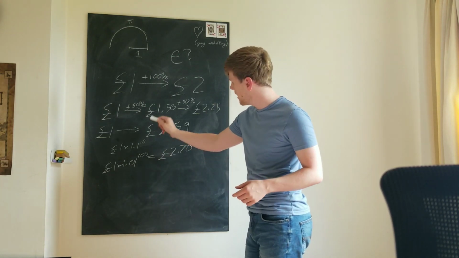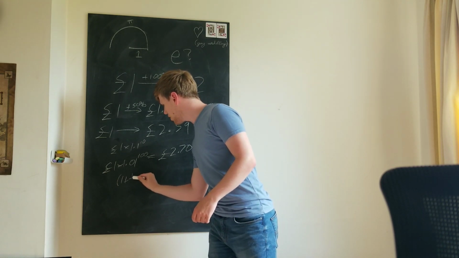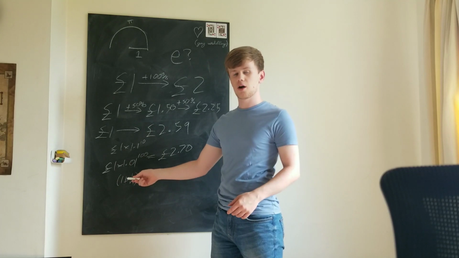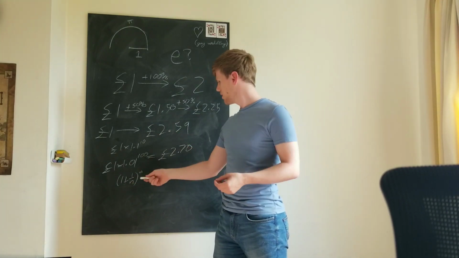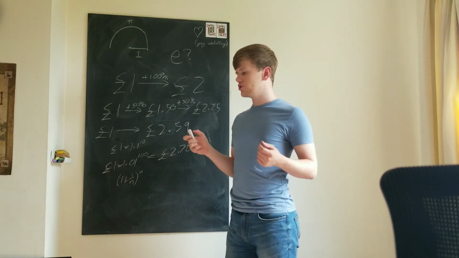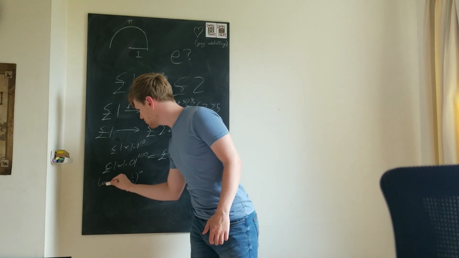So what we're looking at here, all these numbers are of the form 1 plus 1 over n to the power n. And so that's increasing our value of £1 by an nth, n times. And it turns out as n approaches infinity, the value of this expression does not approach infinity.